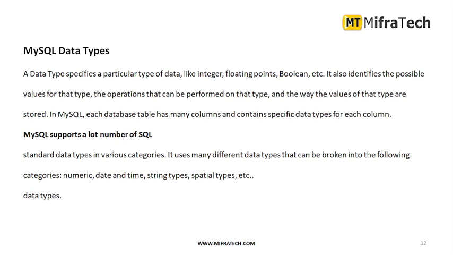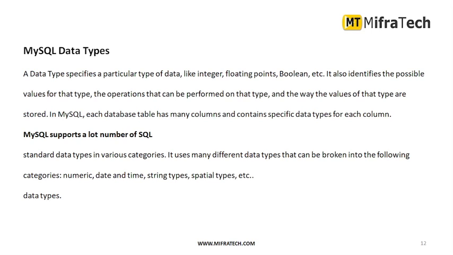In MySQL, each database table has many columns and contains specific data types for each column. In other programs, if we have given one data type, it will adapt or match.